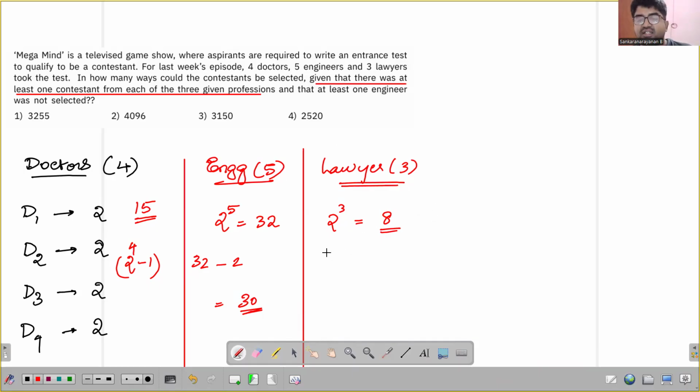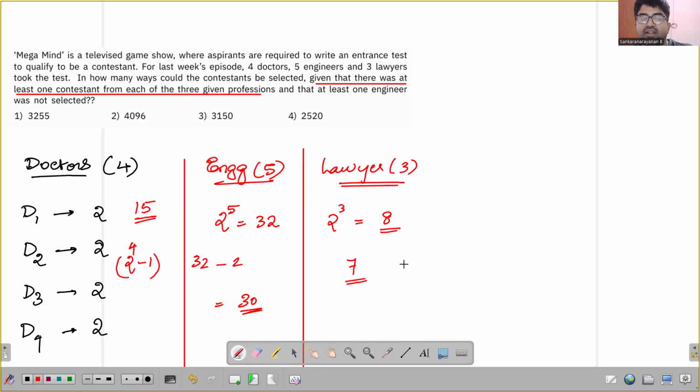That cannot be considered because there is at least one lawyer from these 3. That is how the question is framed. So 0, 0, 0, none of the 3 lawyers selected, is an impossible scenario there. So 8 minus 1, the number of ways you can deal with the 3 lawyers is equal to 7.